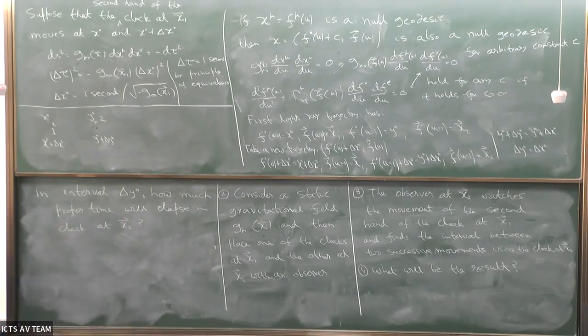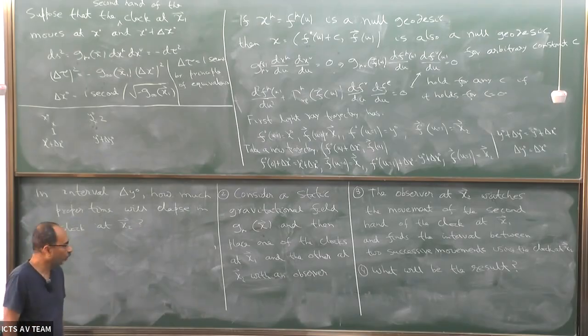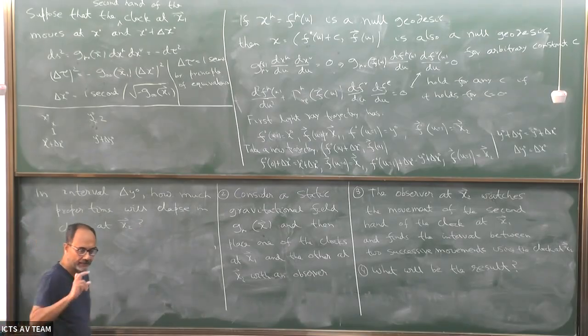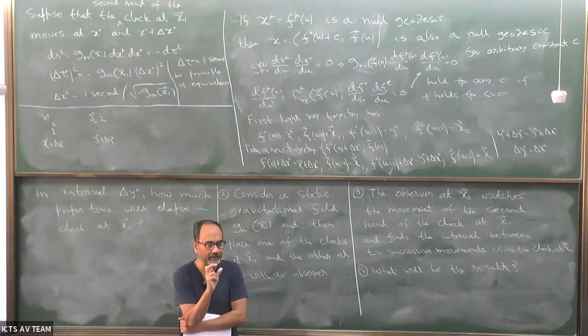This is a relevant question because the observer at x2 is measuring the time with the clock at x2. So how much time it takes between two signals will be captured by how much proper time the clock at x2 measures, because the clock at x2 is, by the same logic, ticking every 1 second in its proper time.